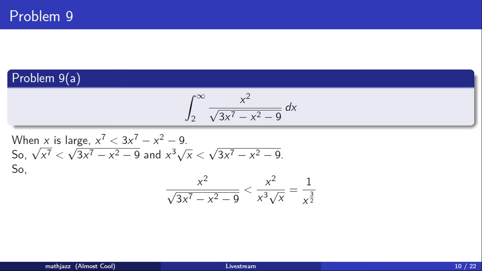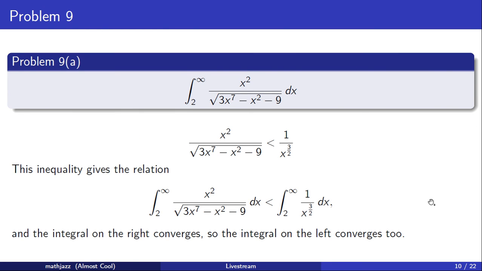So we now know that the integral that we want is less than an integral that we know converges, because the integral from some constant to infinity of 1 over x to a power, where that power is bigger than 1, is always convergent. Say that one more time.